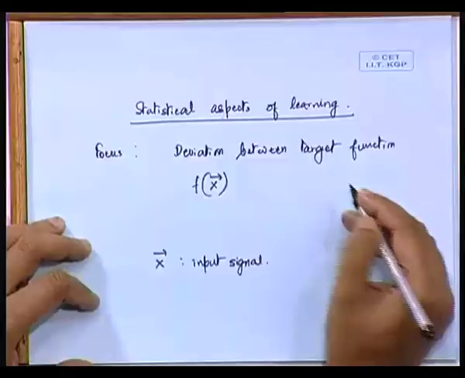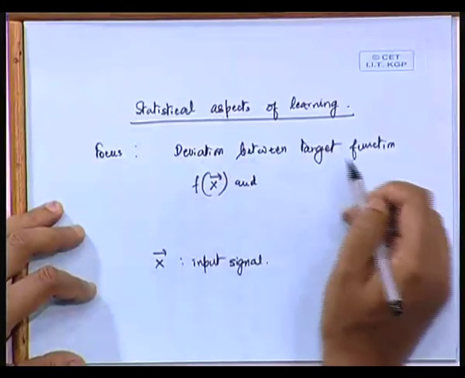So, f of x vector is defined to be the target function, and how are we achieving that function? We are not exactly realizing that function. We are only using a neural network, and in that neural network, we are feeding a set of inputs, that is again the x vector, and we are realizing an actual function.